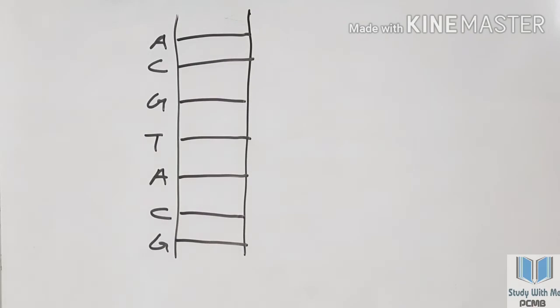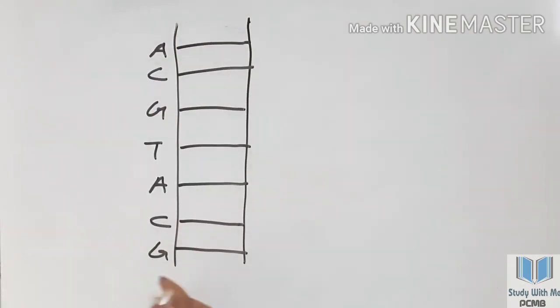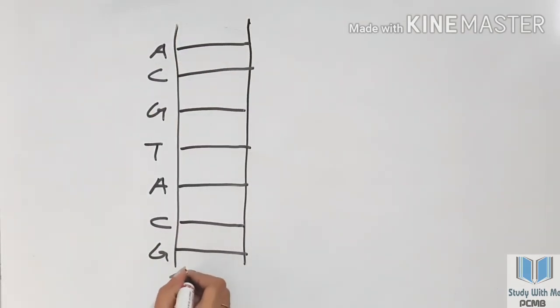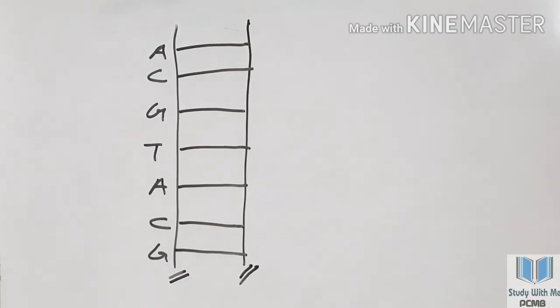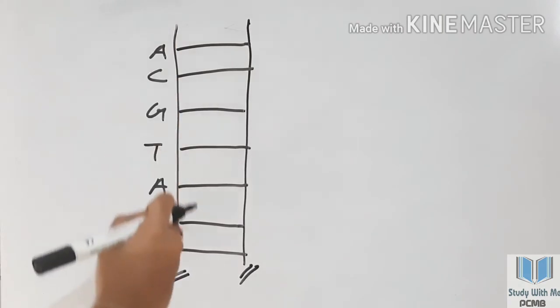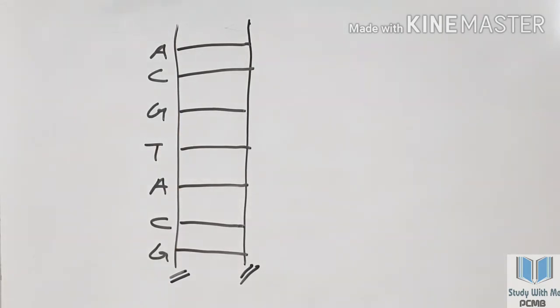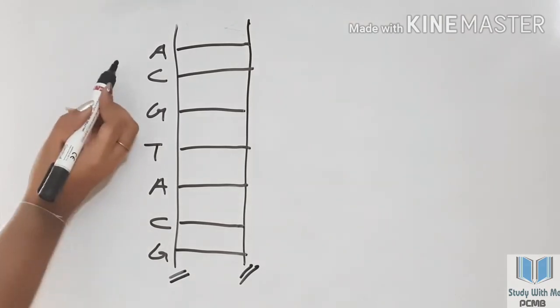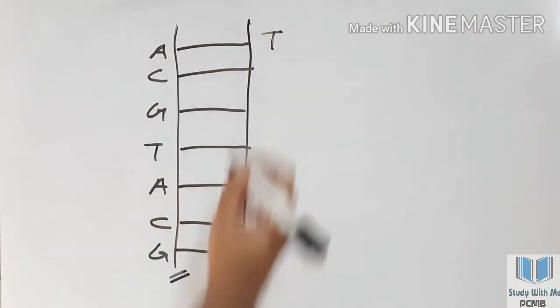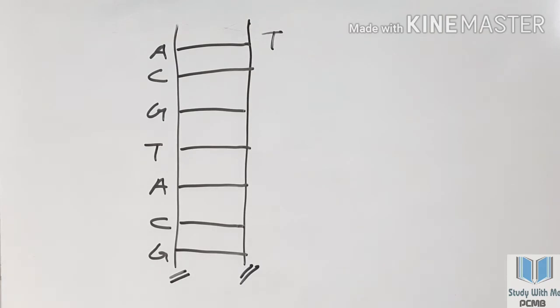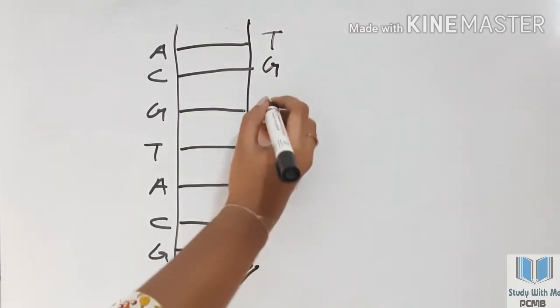We know that there are two polynucleotide chains. This is one polynucleotide chain, and this is another polynucleotide chain. If we know the sequence of one polynucleotide chain, then we can simply find the sequence of the other. How? Adenine always pairs with thymine. Cytosine always pairs with guanine. Guanine always pairs with cytosine.